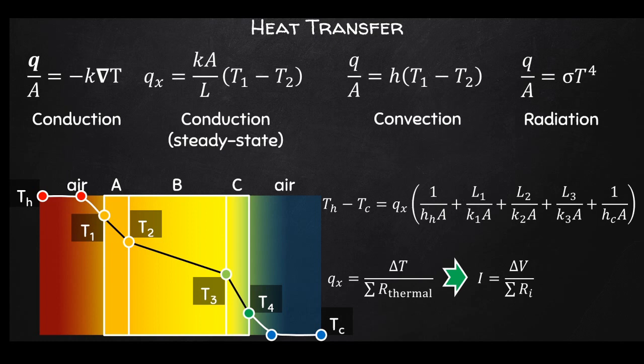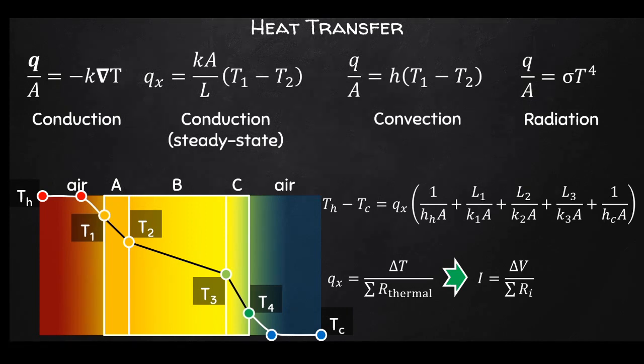These reciprocals multiplied by the area represent a resistance. And so the heat transfer through this control volume is equal to the temperature difference divided by the resistances. So look at the analogy that I present here.